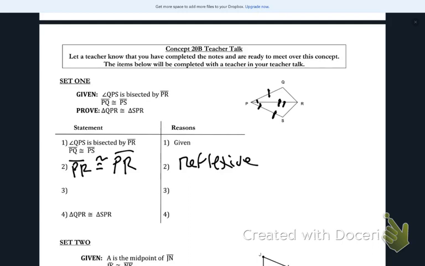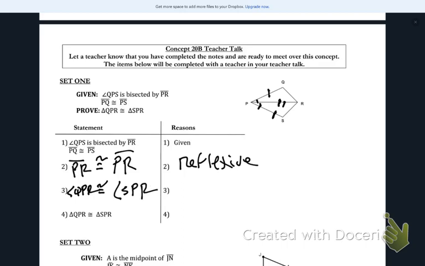So in step 3, let's talk about how this angle here is congruent to this one because of that angle bisector. So I'm going to say angle QPR is congruent to angle SPR.